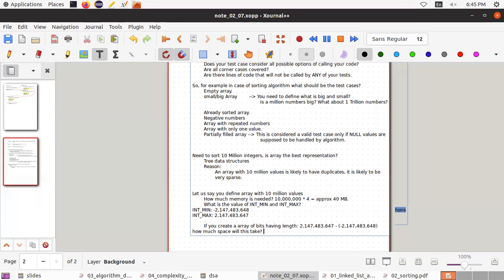Can someone compute this? If you create an array of bits having this length, how much space will be used? It's very easy. You should be able to do this quite easily.